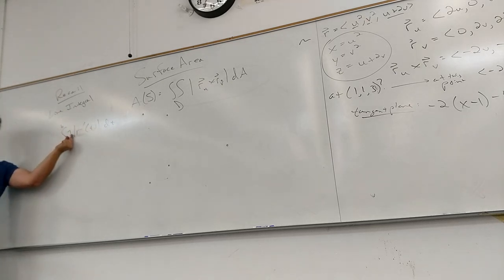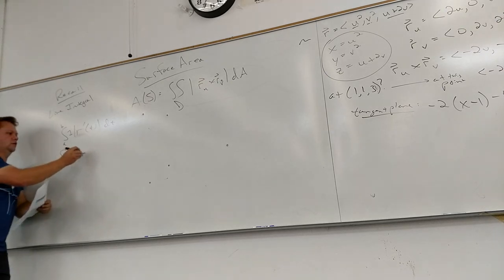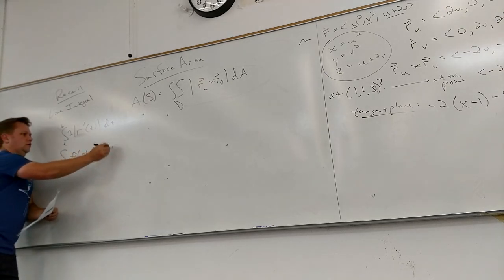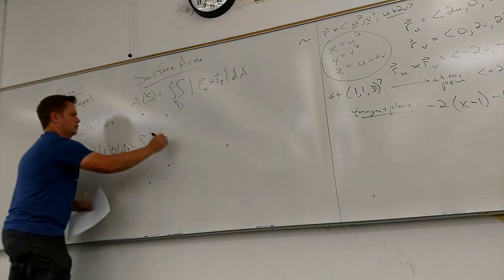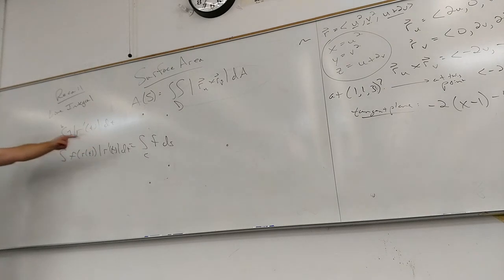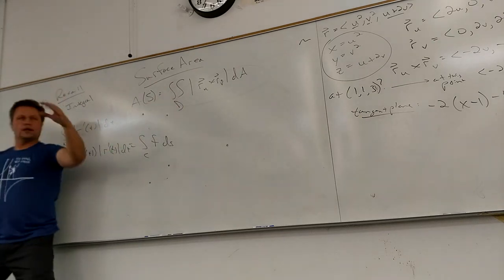Now if I put a function here instead of 1, that's going to be our normal line integral, evaluating f along it. One way to look at it is the area of a curtain, because f would be the height of the curtain at every t point. So imagine what's happening here. This is the area of a surface.